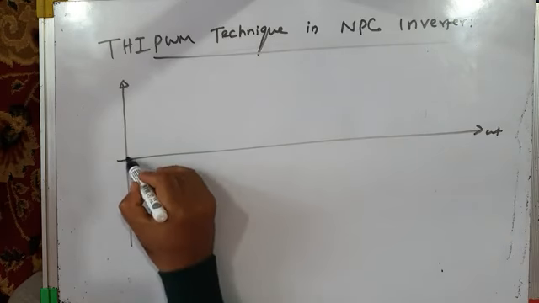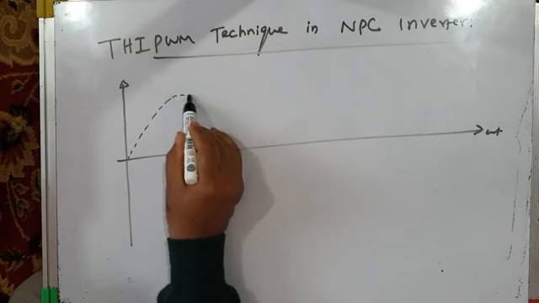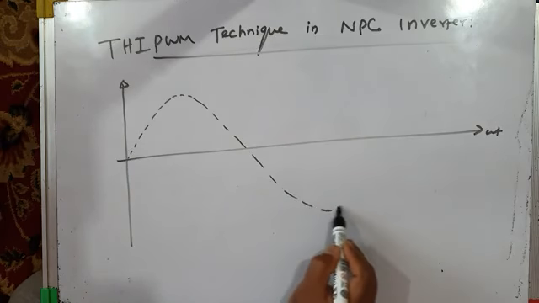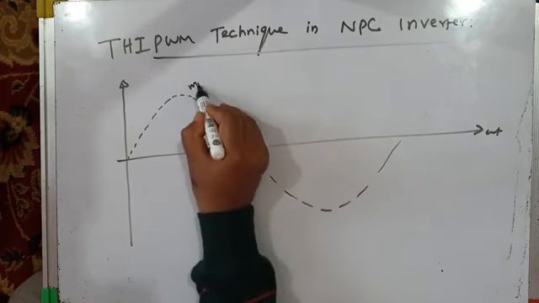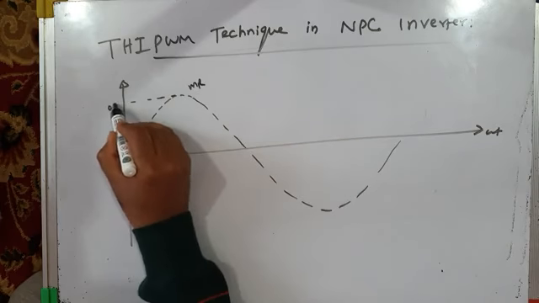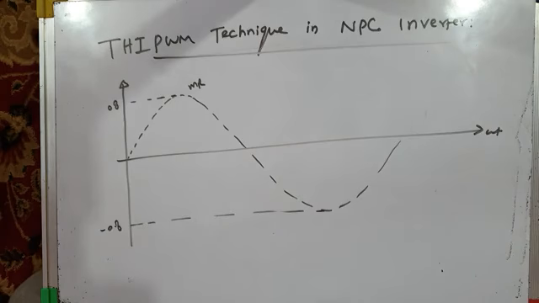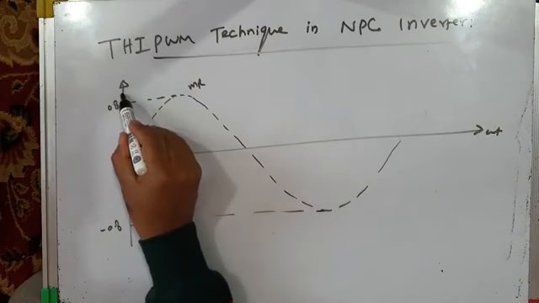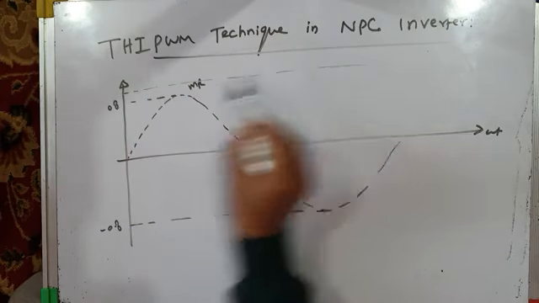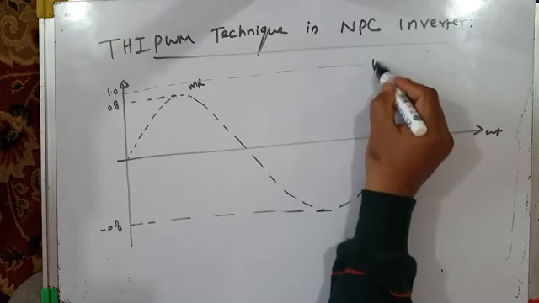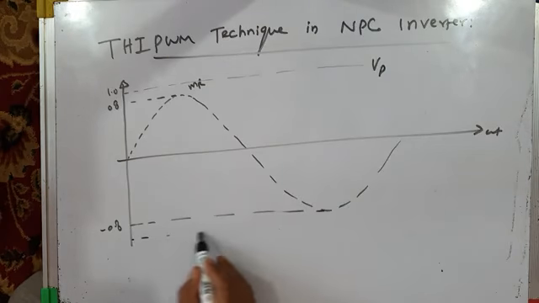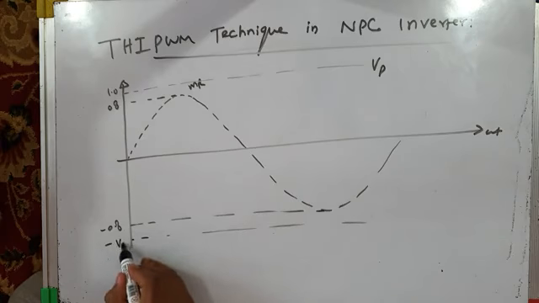For example, we have original sinusoidal modulating wave MR, 0.8 and maybe minus 0.8. This is positive peak of the carrier, and this is negative peak of the carrier, minus VP.